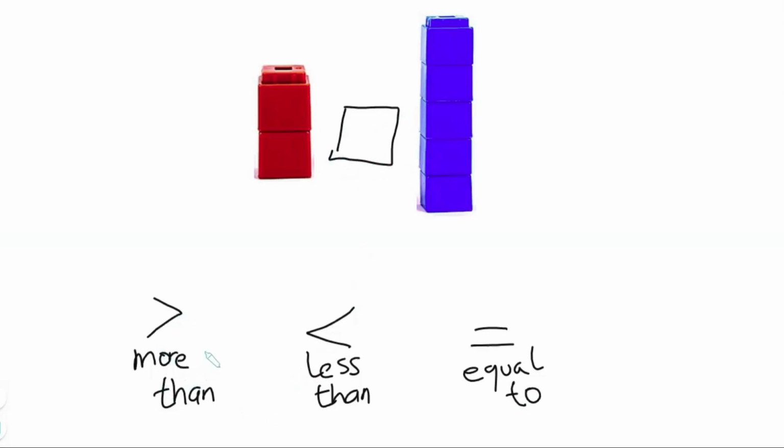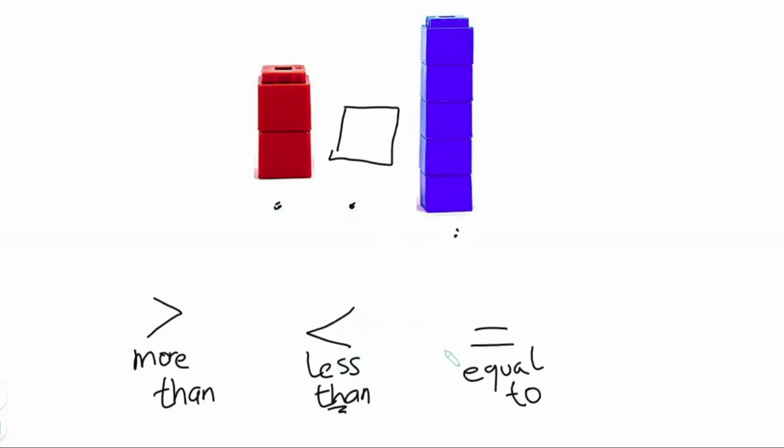The more than symbol means that the numbers are more than each other. It simply means when we read it as a sentence, one object is more than the next object. If we pop the less than symbol in the middle, it means one object is less than the next object.